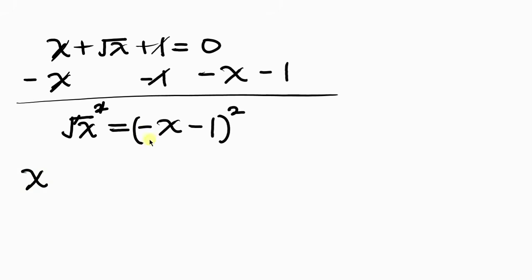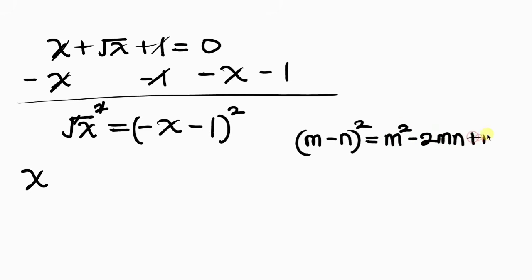Now what we have here is of this form, m minus n all squared, and this is the same as m squared minus 2 times m times n plus n squared. If we compare, you notice that our m represents this negative x, and our n represents 1. So let's expand it in this form.